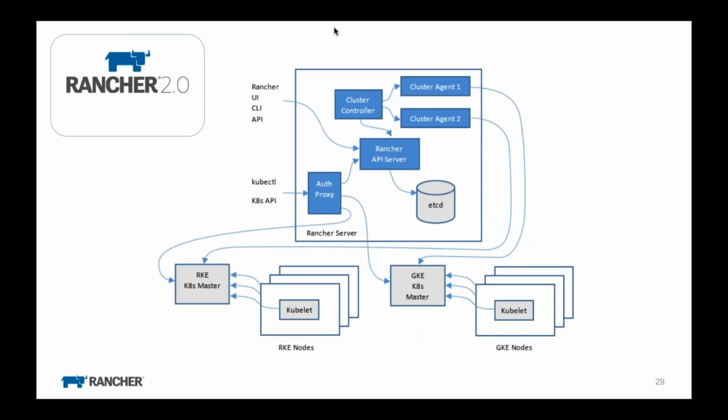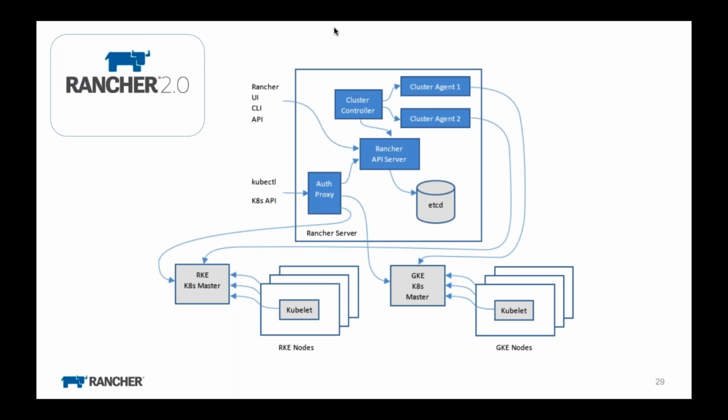So if you're interested in the architecture, especially if you're coming from Rancher 1.0, this has changed quite a bit. In Rancher 1.0, we were basically using a MySQL backend as our data store, and all the Rancher components were running as containers managed by the Docker engine on the hosts.